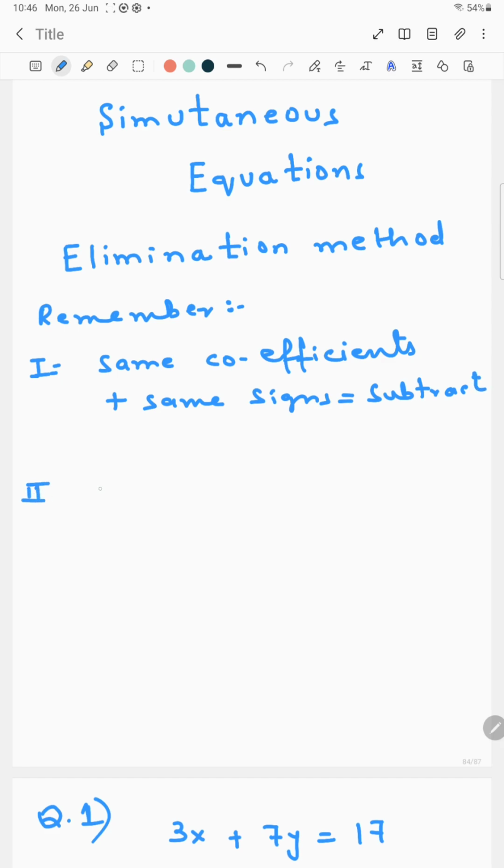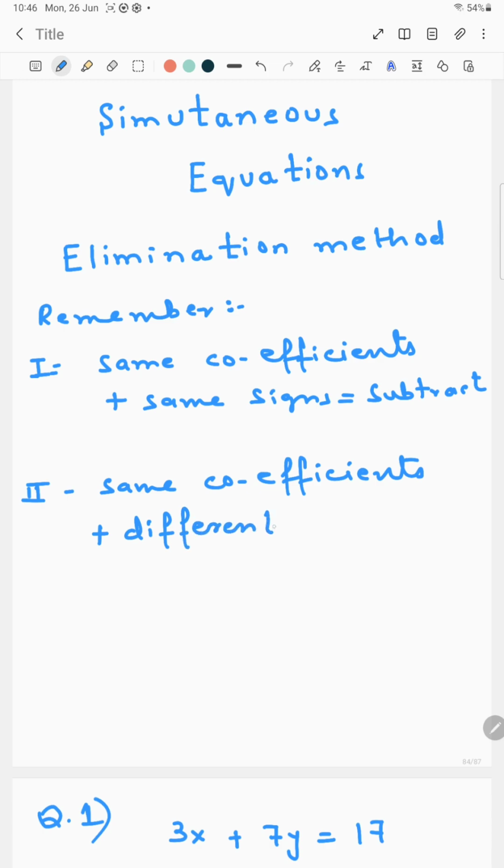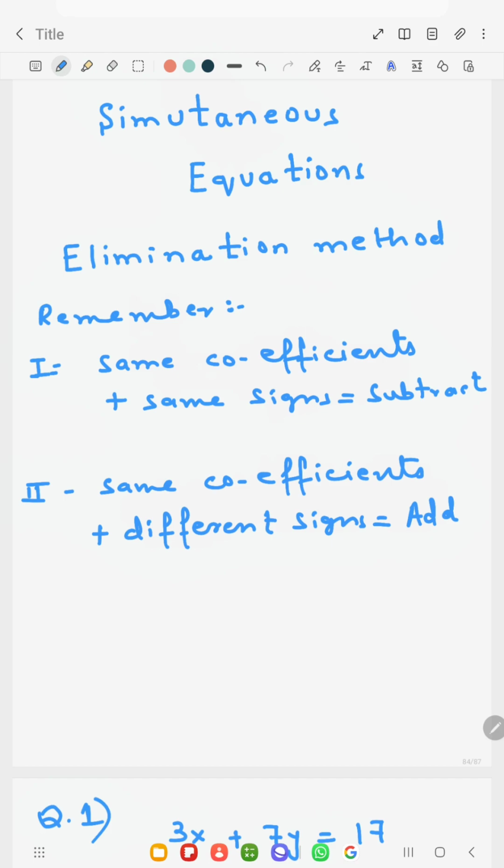And if you have same coefficients plus different signs, so you have to add them. I will explain these remember points with these questions.